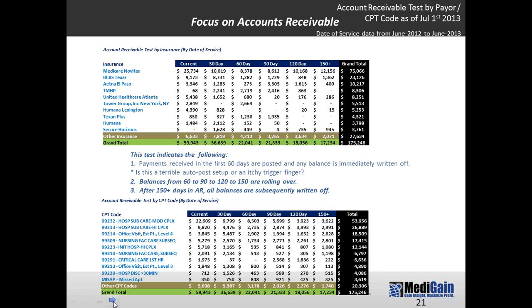Now, look up at the Medicare line, which is the top line. Medicare pays low, but pays fast and accurate, right? So our current bucket, I'm looking to see that money come in next month. But my 30, my 60, 90, 120, and 150 plus is almost static.